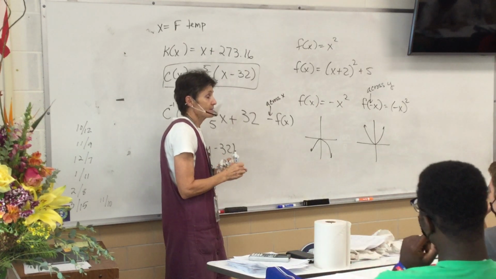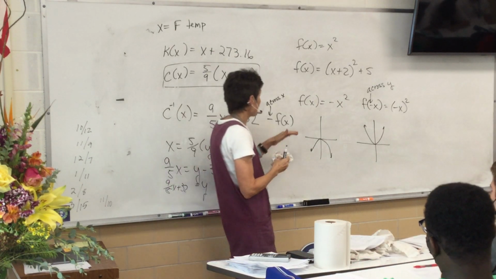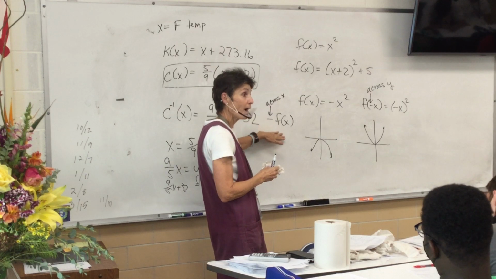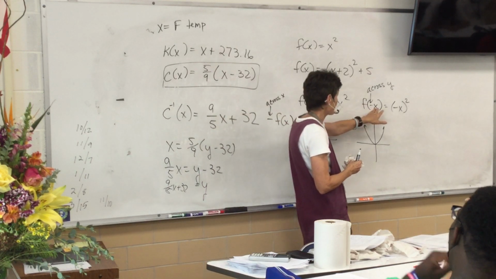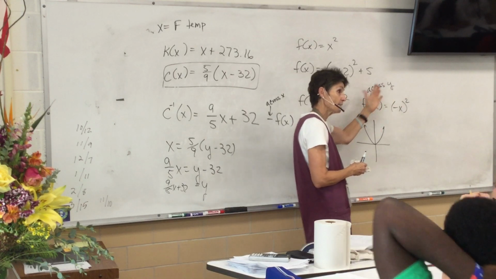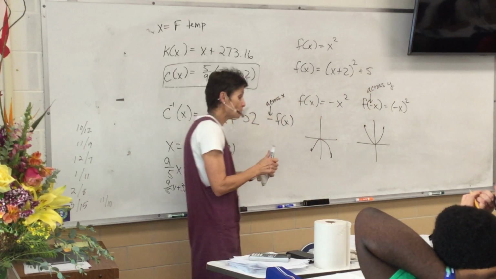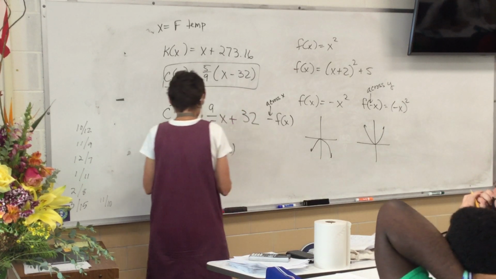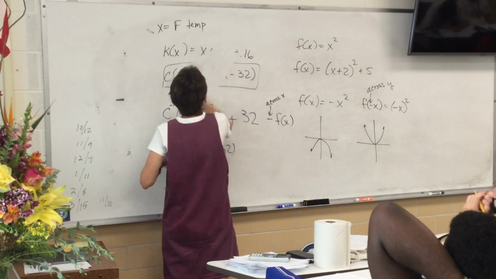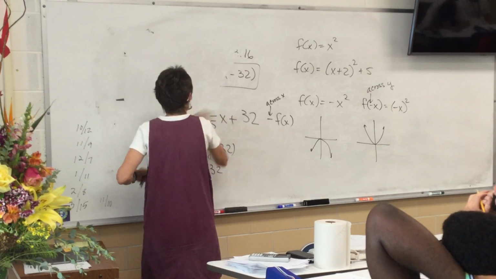That mimics your test of symmetry. When you change the sign on y, you reflect across the x-axis. When you change the sign on x, you reflect across the y-axis. So those reflections are exactly the same as your symmetry test that we talked about a few days ago.